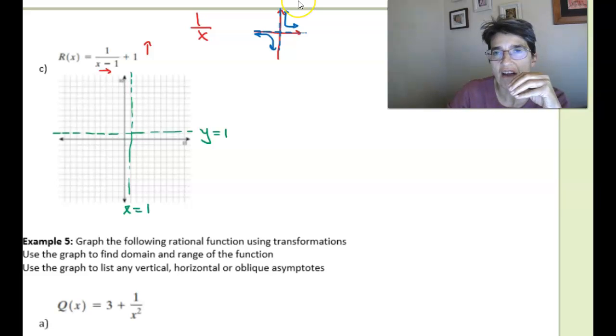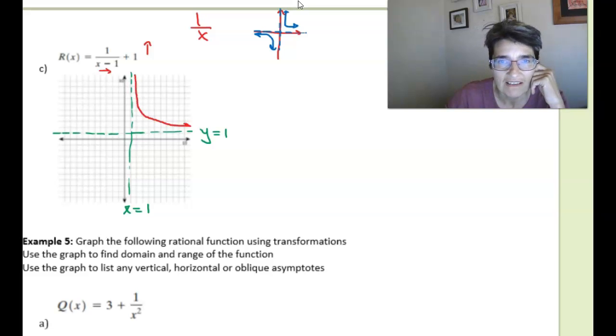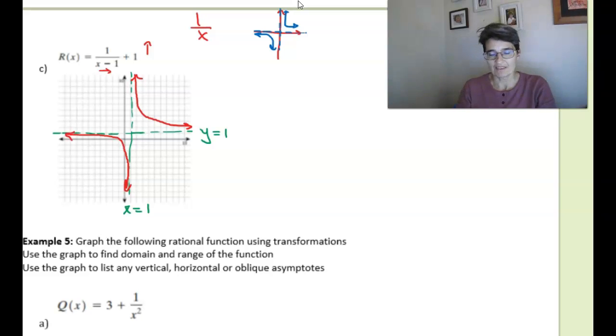Now the graph just follows the original graph. You just pretend like the asymptotes are the x and y axes. So we're going to have a part here, and a part here within those asymptotes.